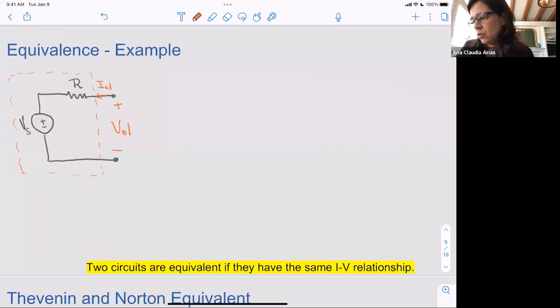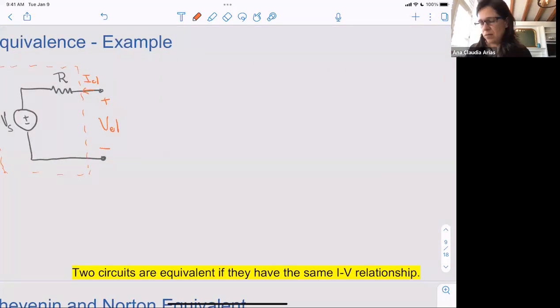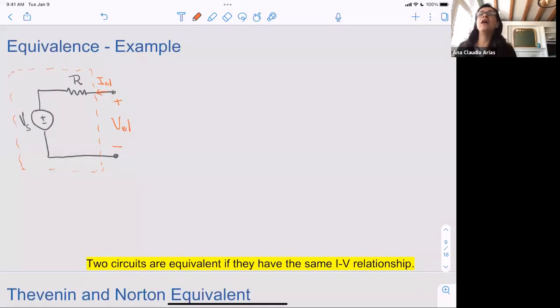And I want to know what is I element and V element. Do you have the intuition to tell me how the IV curve would look here? Perhaps if you unmute yourself and say, okay, it will be a line crossing here and crossing there, it will be easier to understand than just the chat.